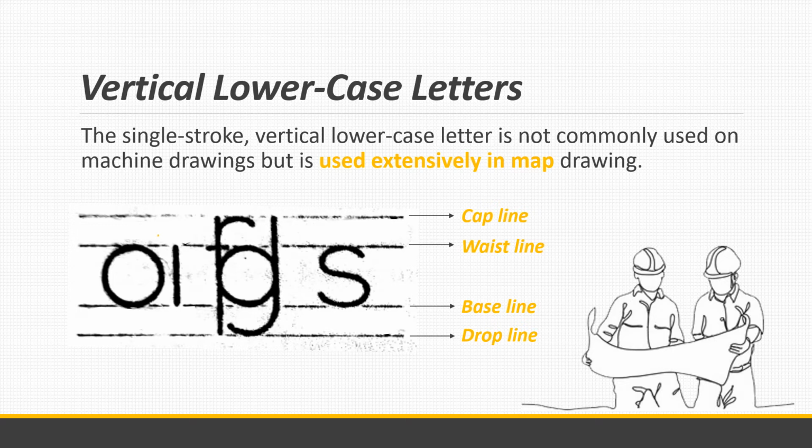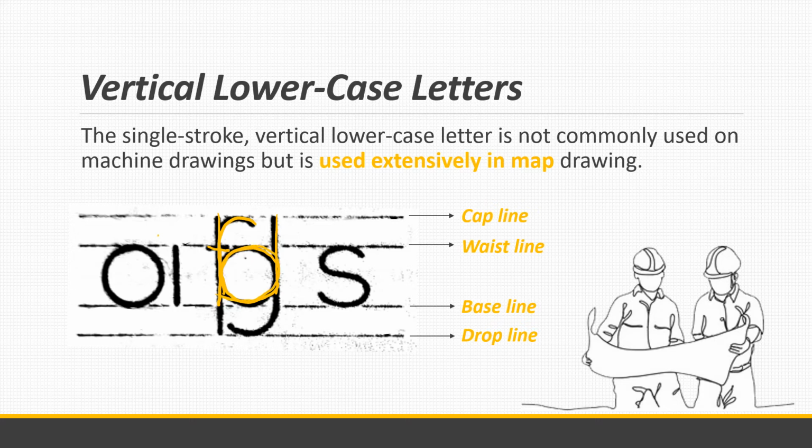So, yung cap line is doon nag-start or nag-end yung mga matatangkad na letters like yung letter F. Baseline is doon yung base ng majority of letters. Or yung letter D. Or yung letter B. So, yung mga matatangkad na mga letters.